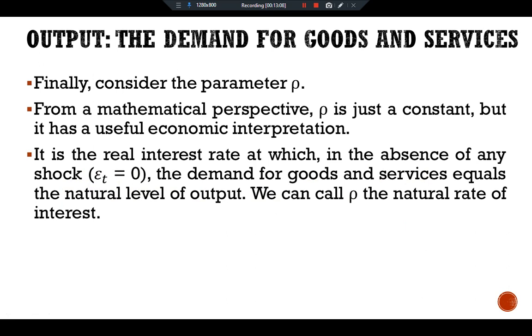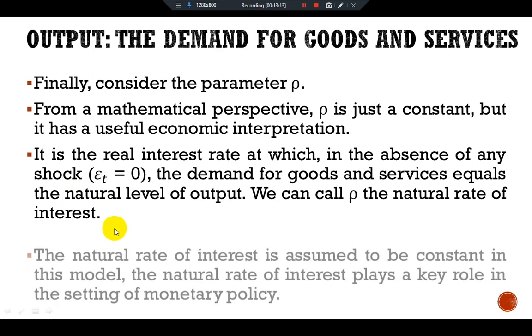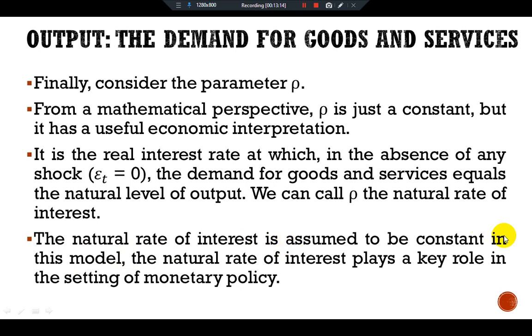We can call rho the natural rate of interest. The natural rate of interest is assumed to be constant in this model. The natural rate of interest plays a key role in the setting of monetary policy.